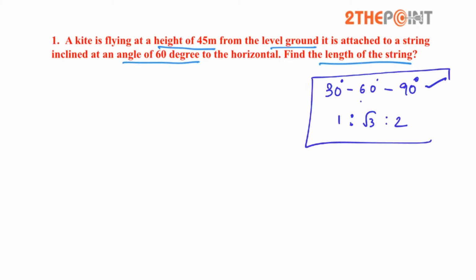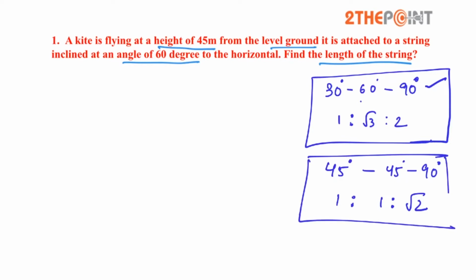This is the first set of ratio you have to remember, and the other is 45 degree, 45 degree, 90 degree, which is 1 is to 1 is to root 2. This is the second set of ratio. If you remember these two ratios, you can solve the problems very easily.